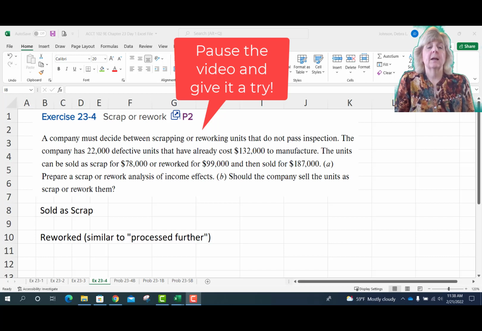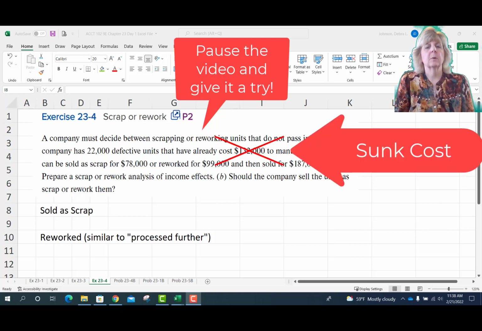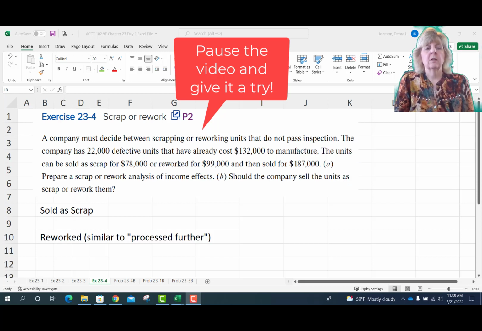It says a company has to decide between scrapping or reworking units that do not pass inspection. The company has 22,000 defective units that have already cost $132,000. Okay, again, take a look at every number and decide whether you think that's a relevant cost or an irrelevant or sunk cost. The units can be sold as scrap for $78,000.